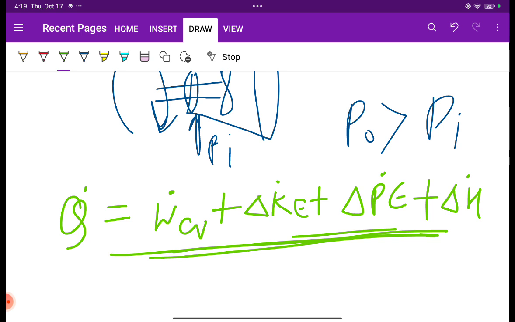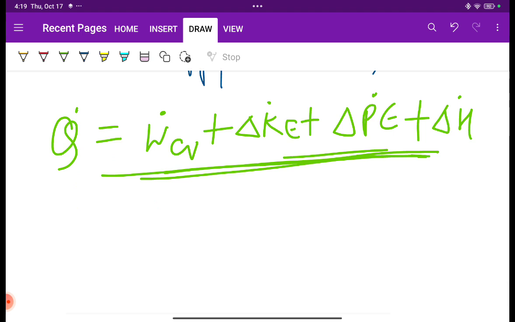Now, when we talk about the well insulated compressor, our general equation becomes: the rate of control volume work plus the rate of enthalpy change is equal to 0.